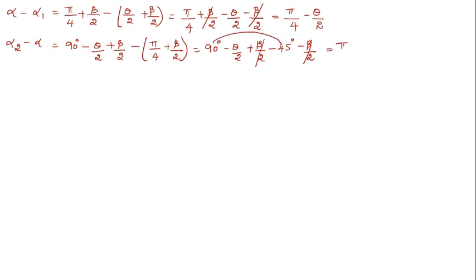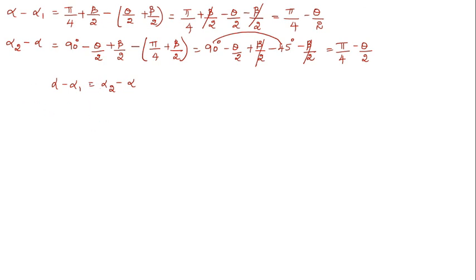I can write it as pi by 4, right? So pi by 4 minus theta by 2. So I can say this alpha minus alpha 1 is equal to alpha 2 minus alpha. So they are creating the same angle, right, with the maximum range direction in between these two. So I can say that these are two directions.